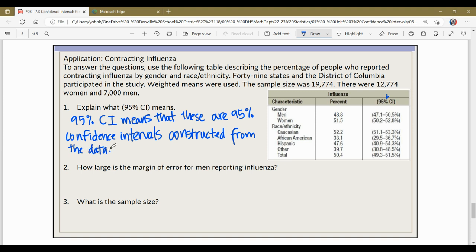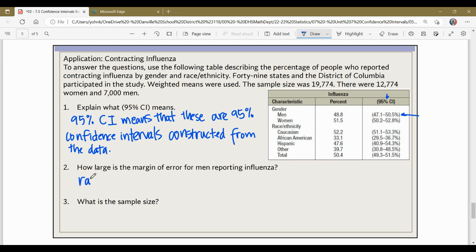How large is the margin of error for men reporting influenza? Well, if I look at men who are reporting influenza, here is the confidence interval. So to find the margin of error, I can find how wide the interval is and then divide by 2.